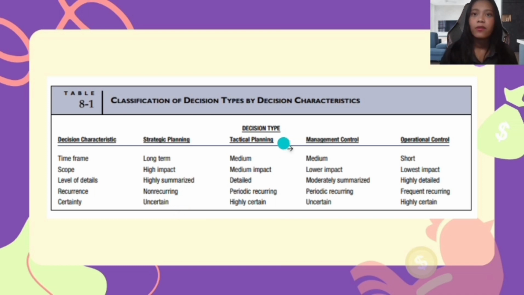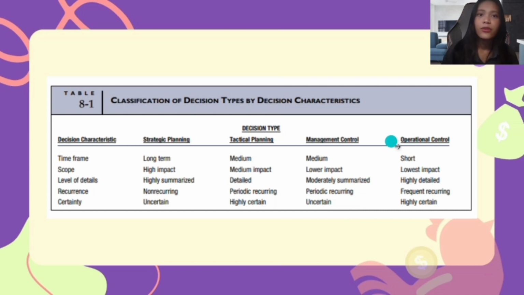In terms of tactical planning, the time frame is medium. The scope is medium impact. The level of details is detailed. The recurrence is periodic recurring, and the certainty is highly certain. In terms of management control, the time frame is medium, the scope is lower impact, the level of details is moderately summarized, the recurrence is periodic recurring, the certainty is uncertain.